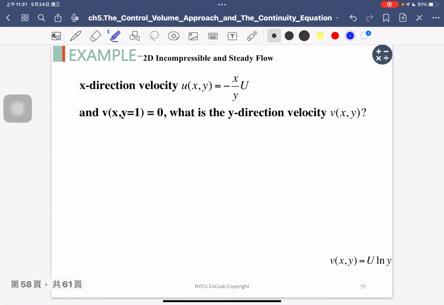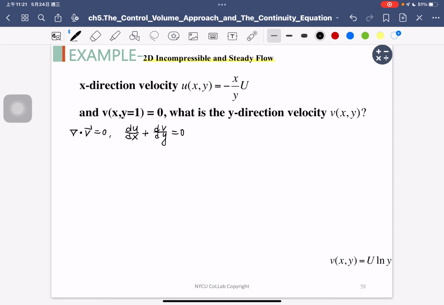So how can we apply these ideas? As in the sentence I show here, we know the flow is 2D, incompressible and steady, so we know the velocity field satisfies divergence equal to 0, and we can rewrite this as du/dx plus dv/dy equals 0.